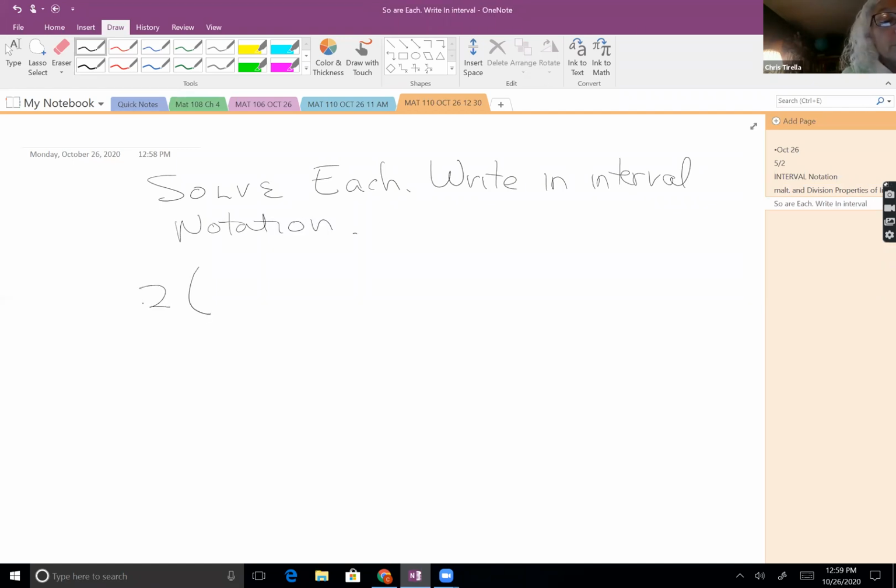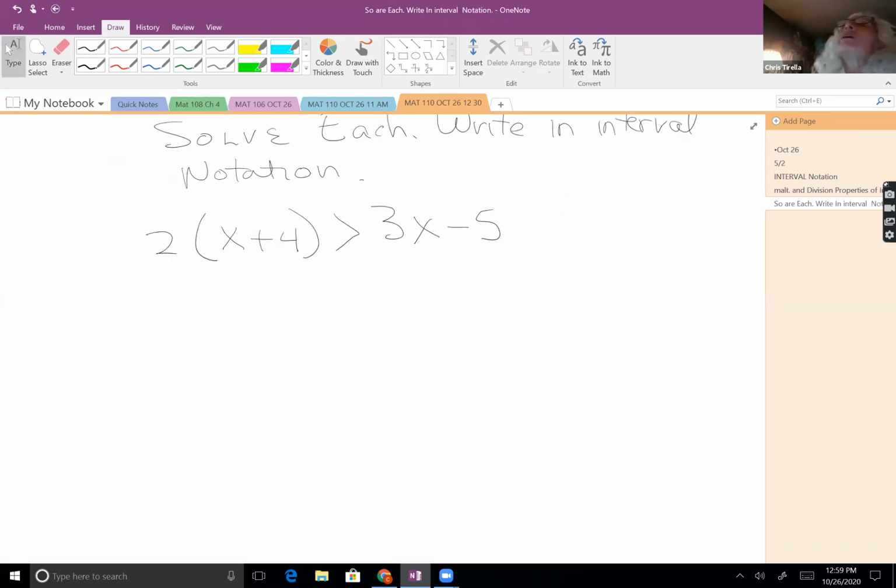So first, let's say we have 2 times parentheses x plus 4, close parentheses, is greater than 3x minus 5. Solving a first degree inequality is very much like solving a first degree equation.